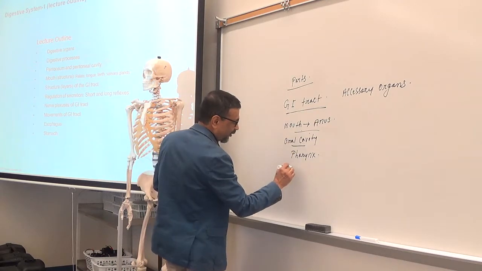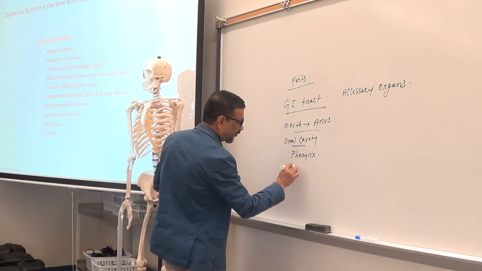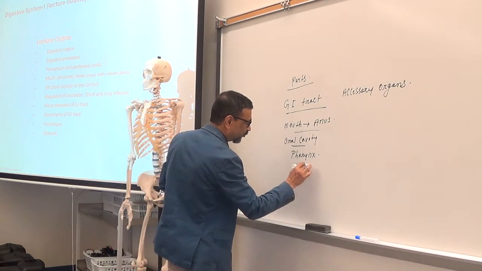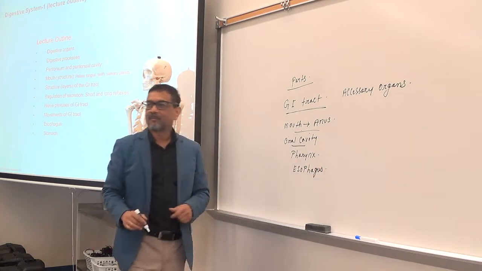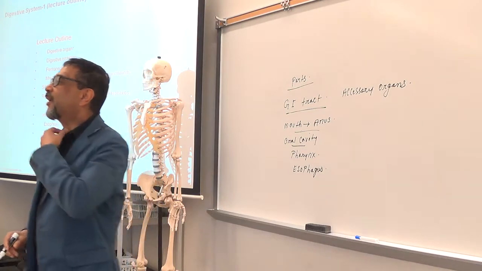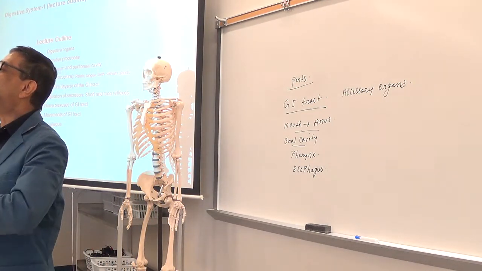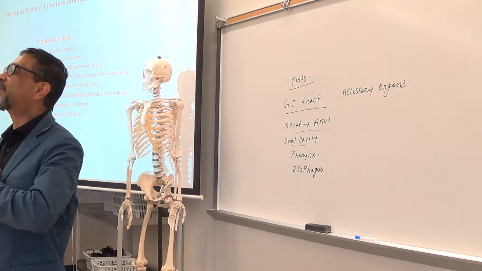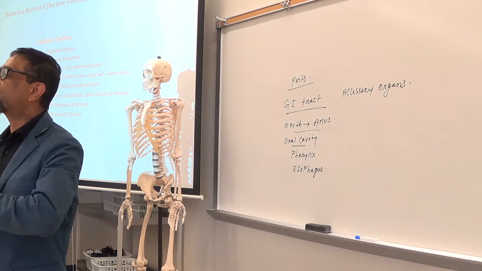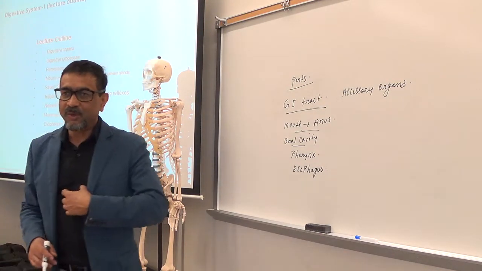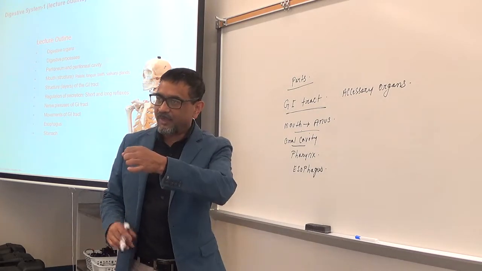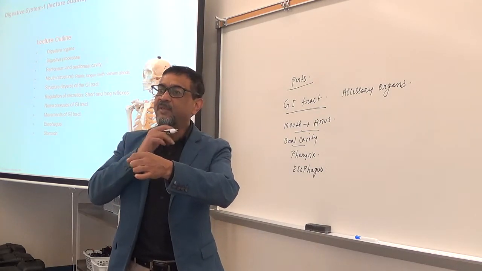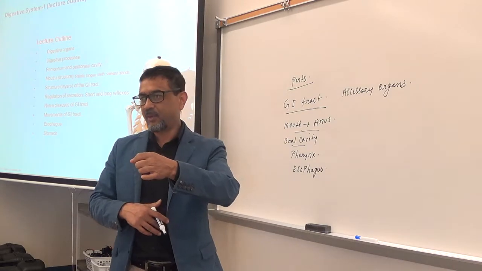Then next is the esophagus. Right? It's a narrow tube for your food, to take the food from the pharynx to the stomach. Okay? So esophagus is a narrow tube that takes the food from the pharynx to what? The stomach. Okay?